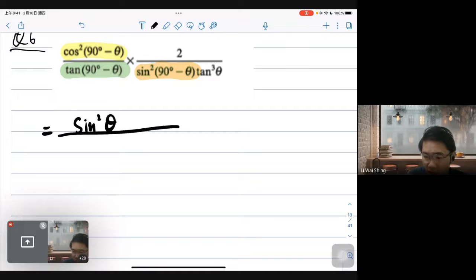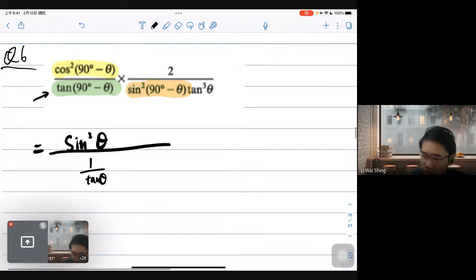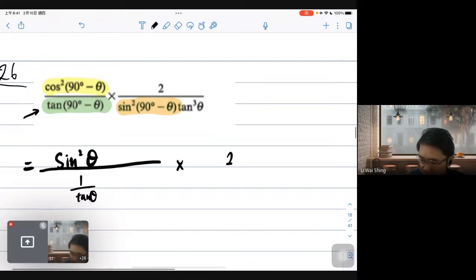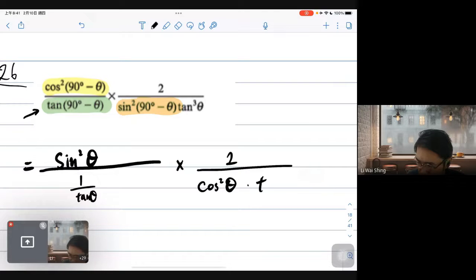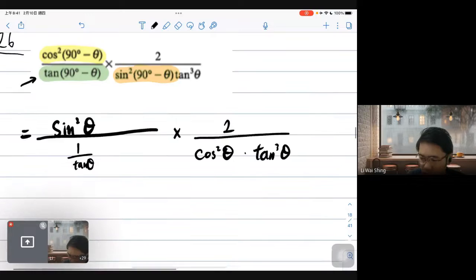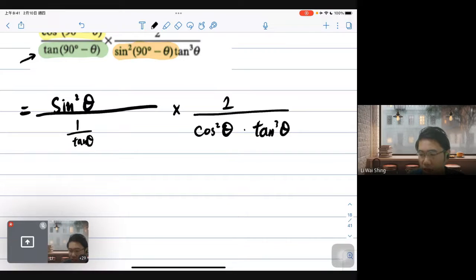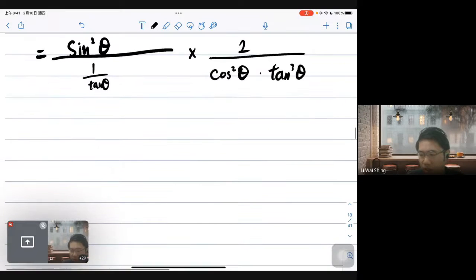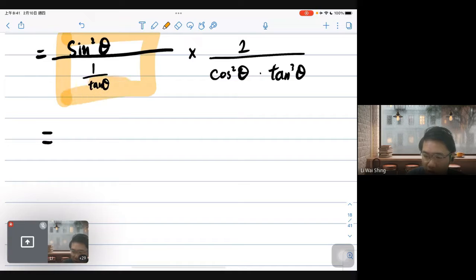And for tangent 90 degree minus theta, it turns into 1 over tangent theta. And here, you will have this result. So you change this kind of 90 degree minus theta first. Then, for left-hand side, once you have this kind of fraction, you can simplify it first.